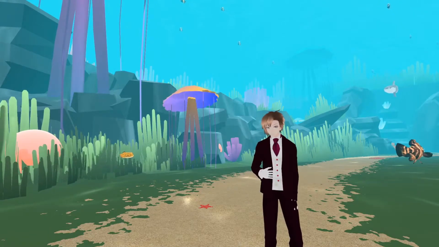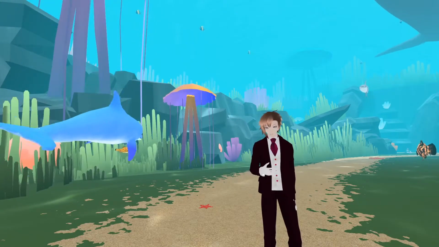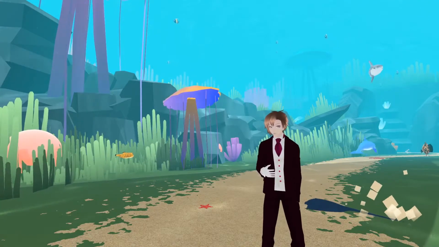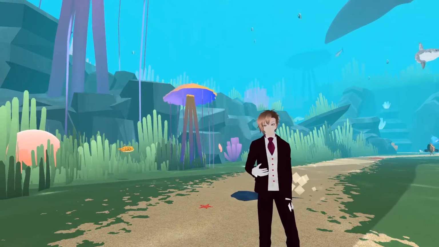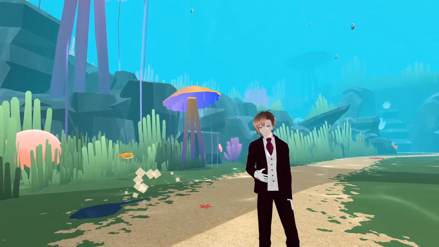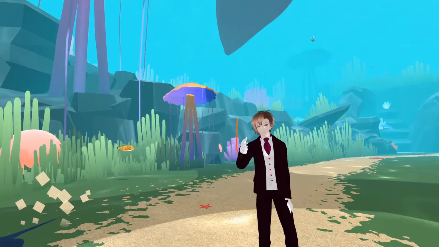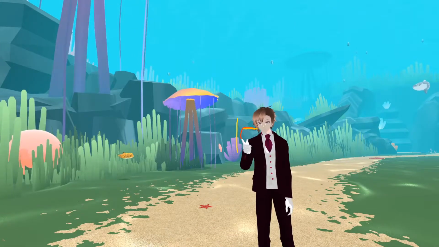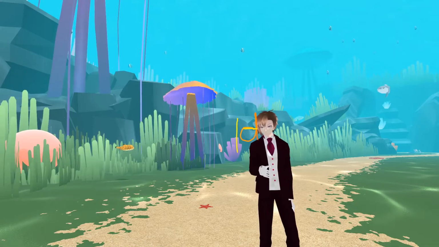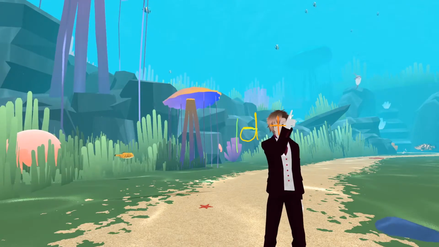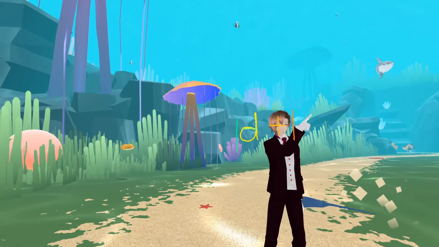Now, I have a stingray going around, and I also have a dolphin. So if I was to use S and D, D for dolphin and S for stingray, I would write 1D plus 1S.